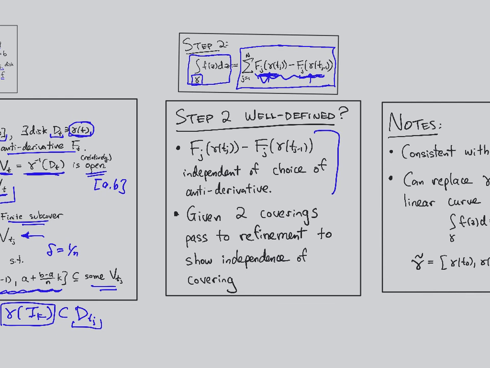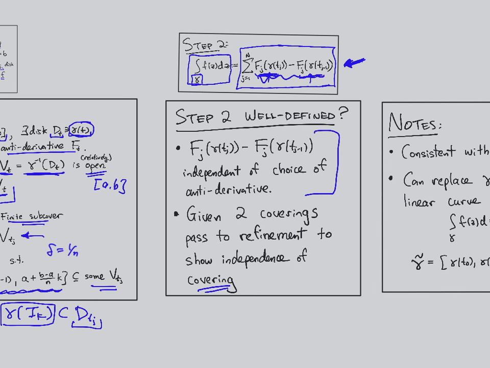Well, we already said that this difference is independent of choice of antiderivatives, but then if you had a different way of covering it, you could pass to a refinement and then show independence of the covering, because you could show that on the refinement you were just looking at differences of antiderivatives on coverings of the refinement.